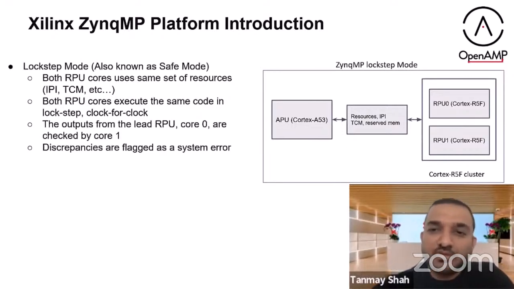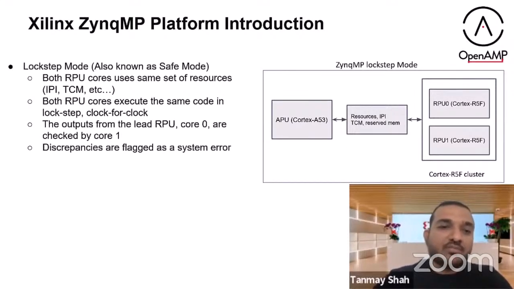So in lockstep mode, both cores use the same set of resources, such as interprocessor interrupt, TCM, that is tightly coupled memory, and so on. So they both execute the same instructions, and the same firmware ELF is loaded for both the RPU cores.